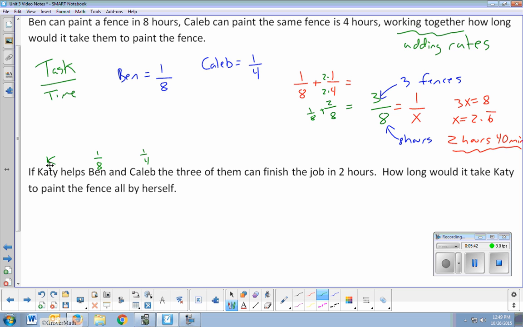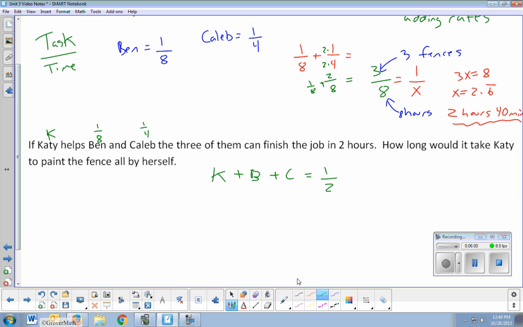That's really the question. But I know that all three working together, Katie plus Ben plus Caleb, finish one task in 2 hours. And we know Ben and Caleb's rates, so I can think of this as K plus 1/8 for Ben, 1/4 for Caleb, and all three of these rates combined give us a rate of 1/2.